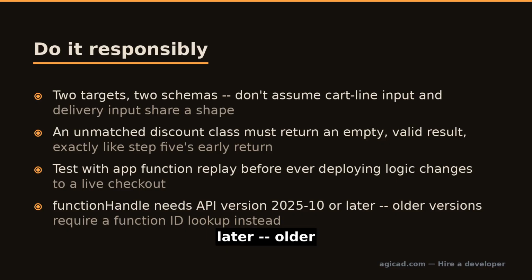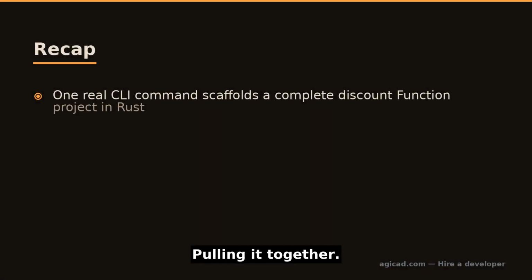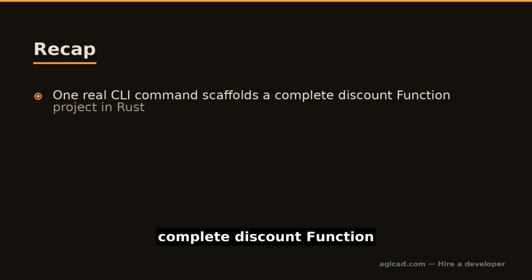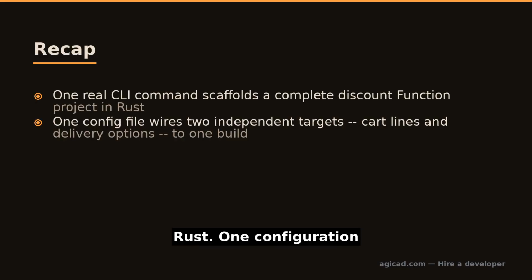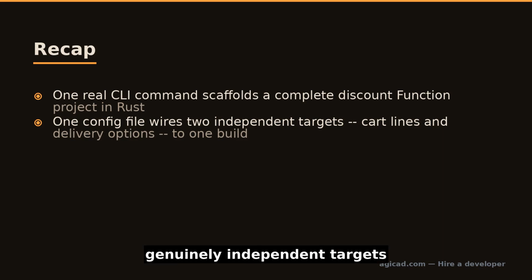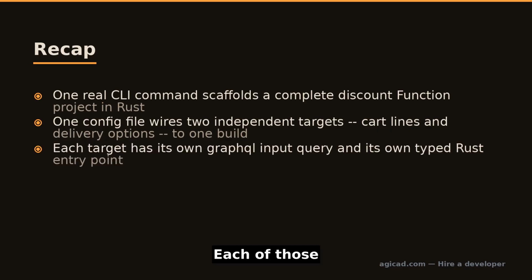Pulling it together. One real CLI command scaffolds a complete discount function project written in Rust. One configuration file wires two genuinely independent targets, cart lines and delivery options, into a single compiled build. Each of those targets carries its own GraphQL input query and its own typed Rust entry point, because the data each one needs is shaped differently.